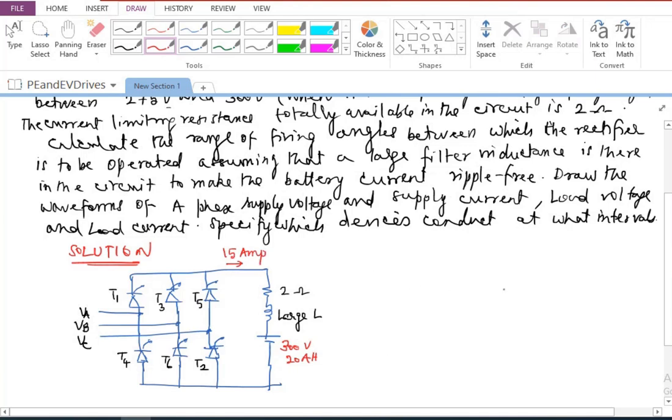Now the firing angle we need to calculate. So let me just draw the 3-phase voltages.